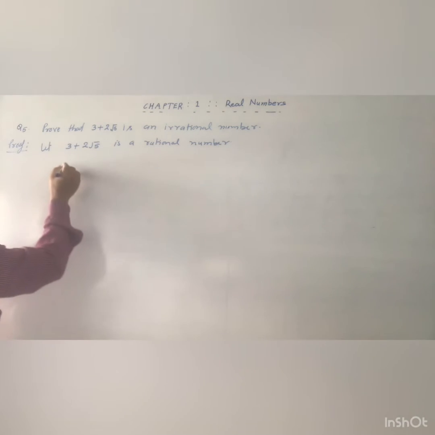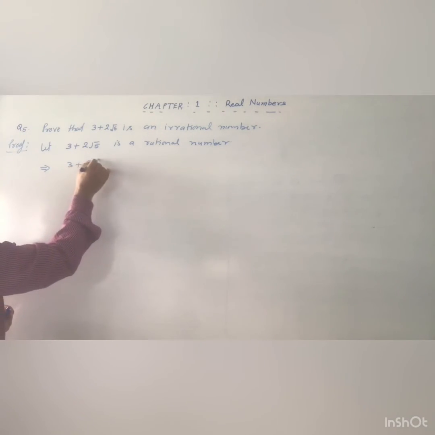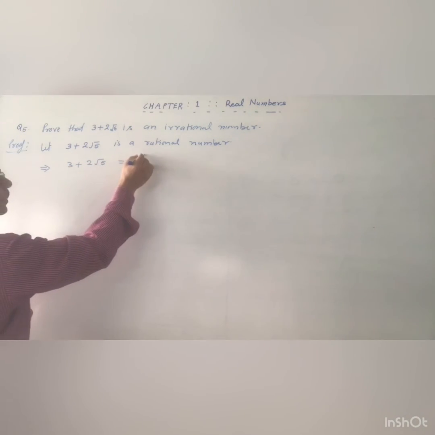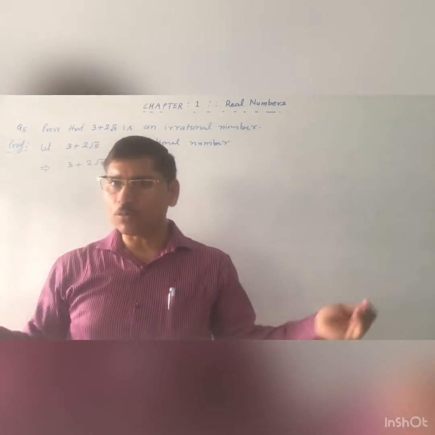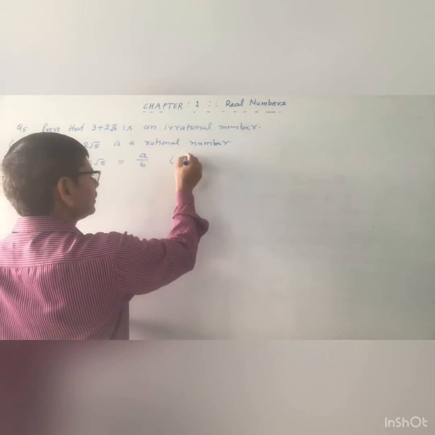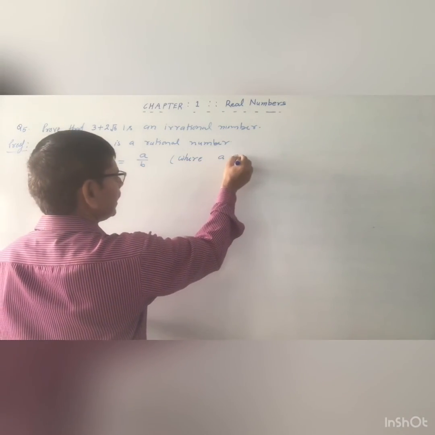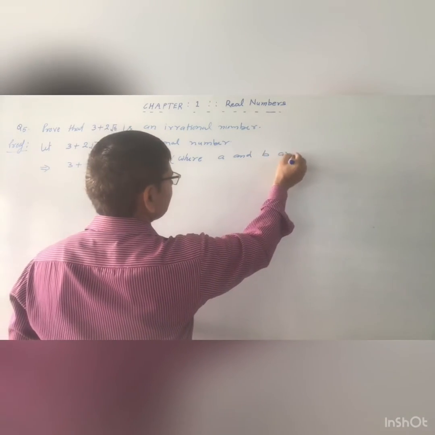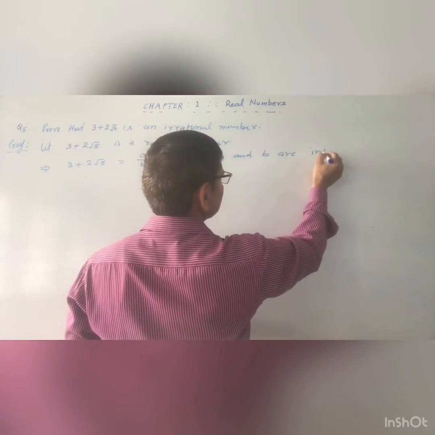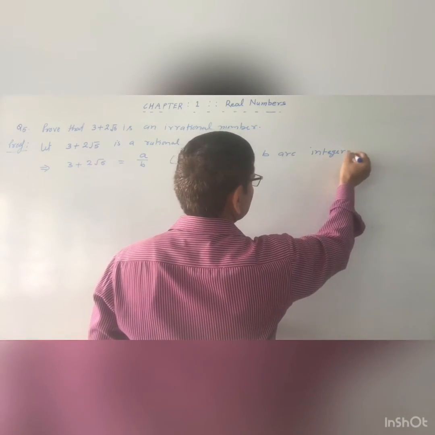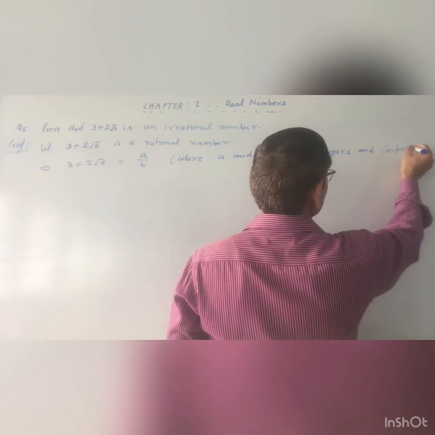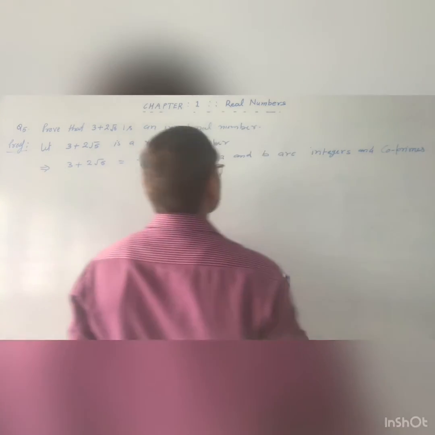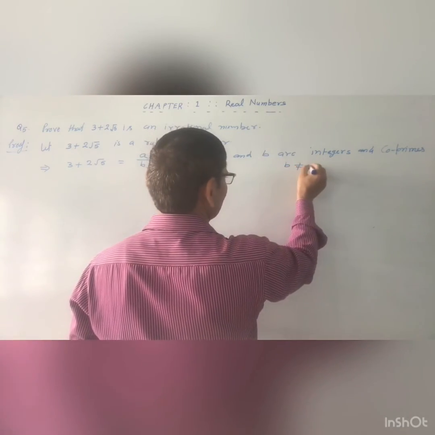Now we can write it as 3 plus 2 under root 5 equal to A upon B, where A and B are integers and co-prime, and B is not equal to 0.